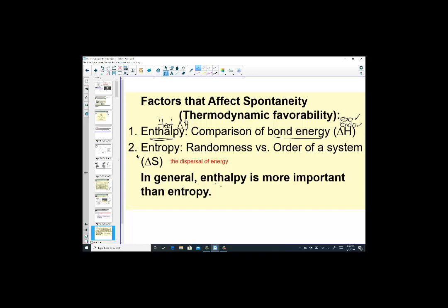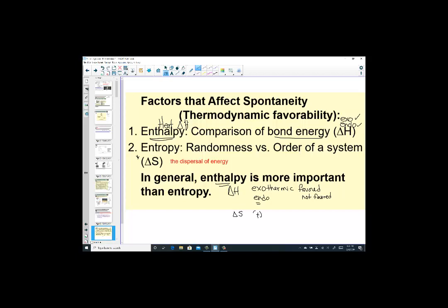Now, in general, enthalpy, delta H, is a much bigger factor in determining spontaneity. We know that exothermic reactions are favored. Most reactions that are spontaneous are exothermic. Endothermic is not favored. However, since some endothermic reactions are indeed spontaneous, there must be another factor playing a role in determining if processes are indeed spontaneous, and that's entropy.